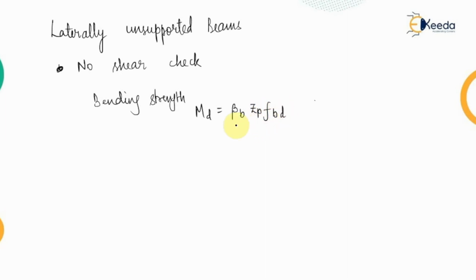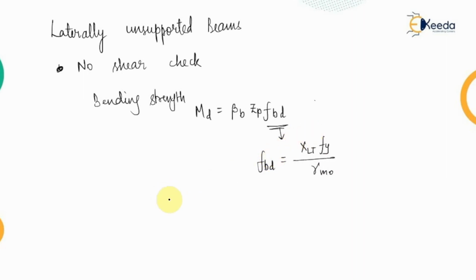Now here this beta b again is 1.0 for plastic and compact sections, while it is equal to Ze upon Zp for the semi-compact section. And this fbd is the design bending compressive stress, which is given by XLT into Fy divided by gamma m naught, which is another factor for the stress calculation.